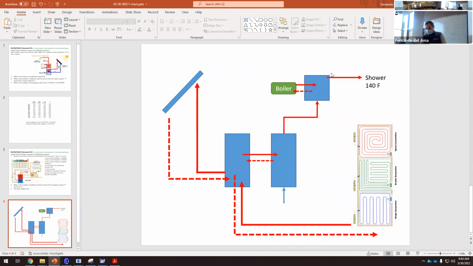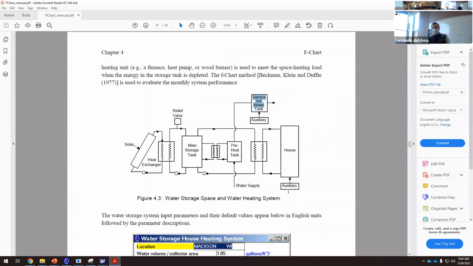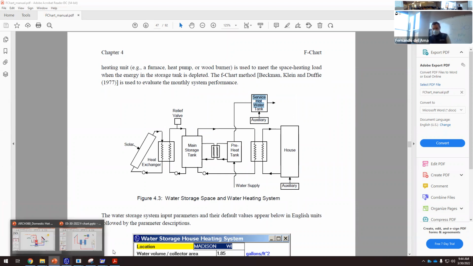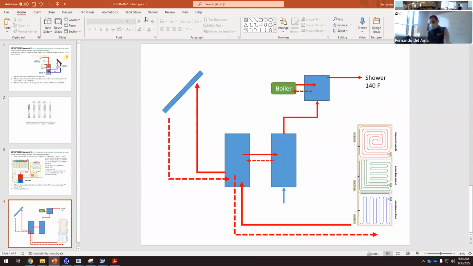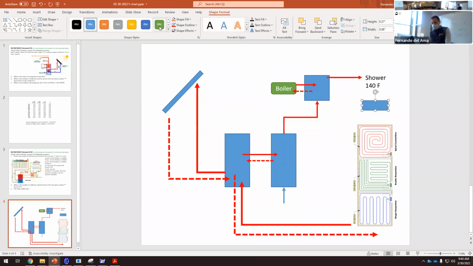And is that all? No, it's not, because according to this schematic view, we have an auxiliary element here. So this auxiliary can be, we can have a heat pump.